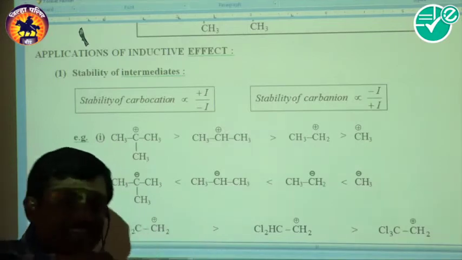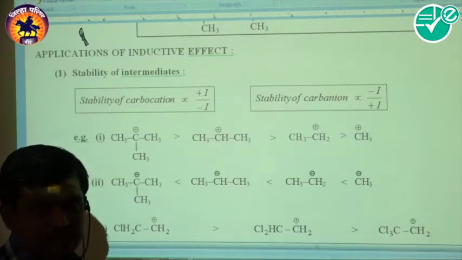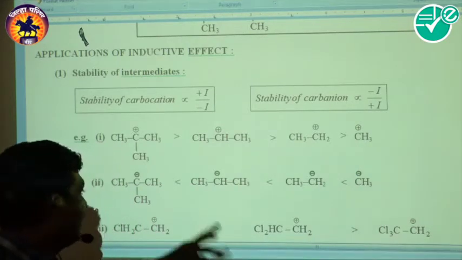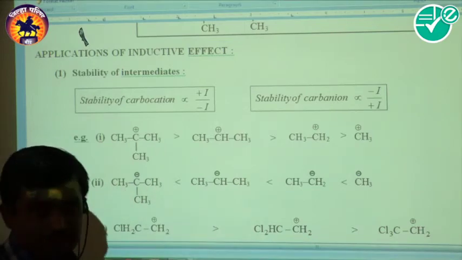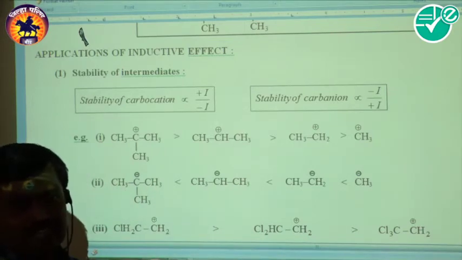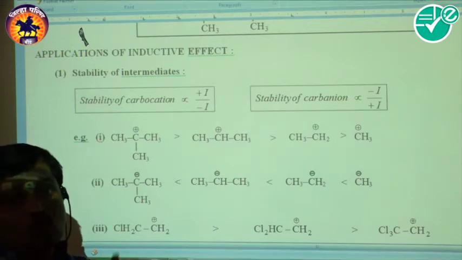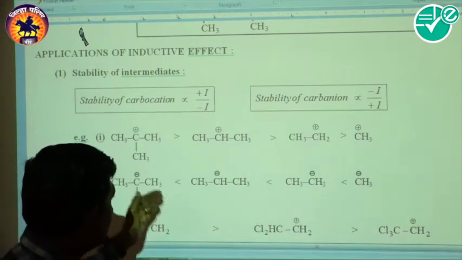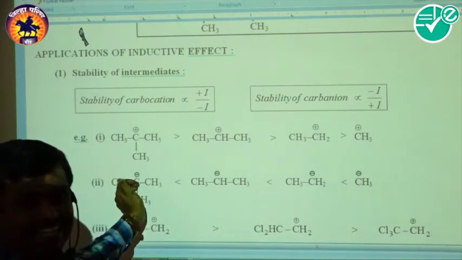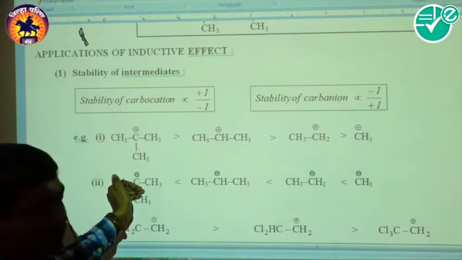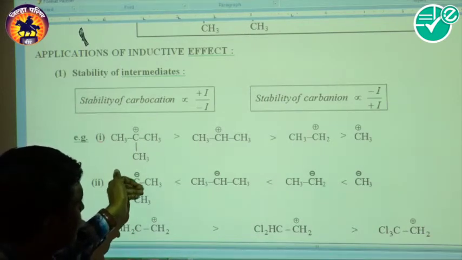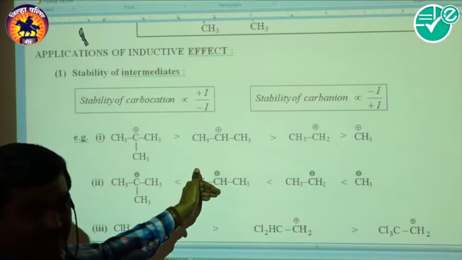Because of that electron density it is unstable, and the methyl group provides even more electron density, so it becomes more and more unstable. So here the tertiary carbanion is more unstable than the secondary carbanion.